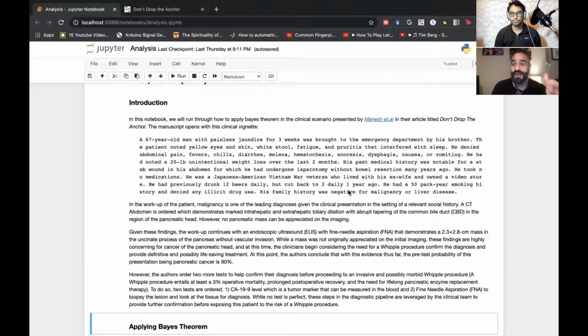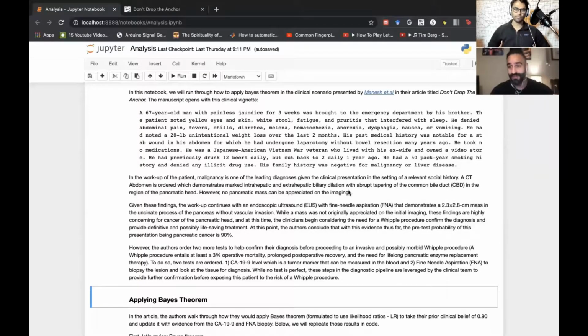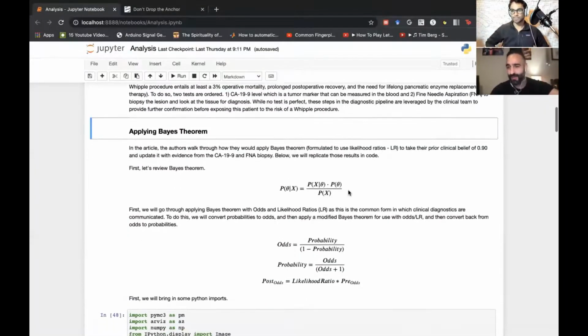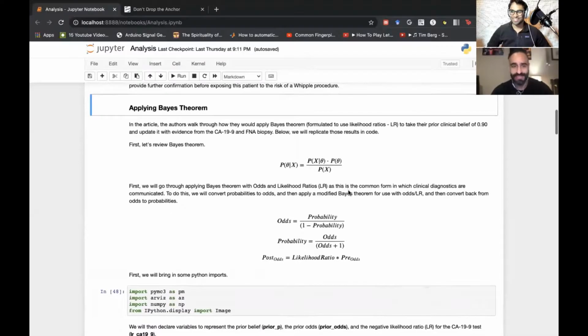In the paper, they deemed that the cost of missing cancer was so high in this case that they went through with the Whipple anyway. That did confirm that it was not pancreatic cancer, but it was a beautiful clinical scenario showing how our beliefs can really change through the workup of a patient, and how you formalize that decision making or inference process with Bayes' theorem. So today we're going to jump right into what Bayes' theorem is and how we can use it in a practical setting. So Avneet, I'll turn it over.